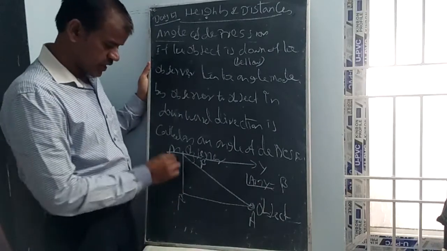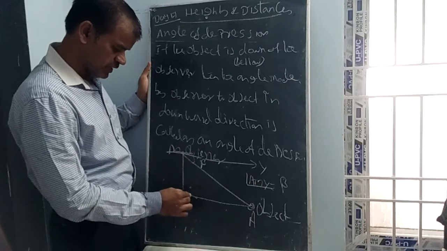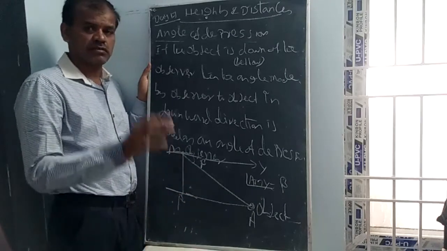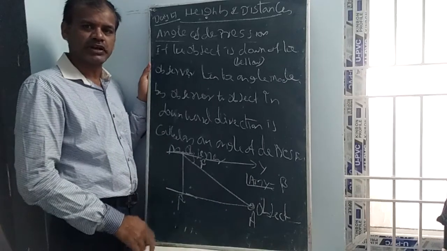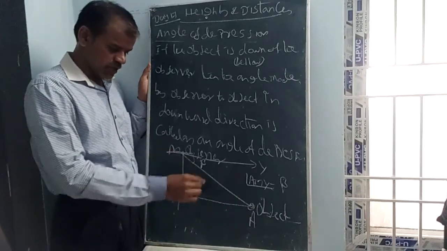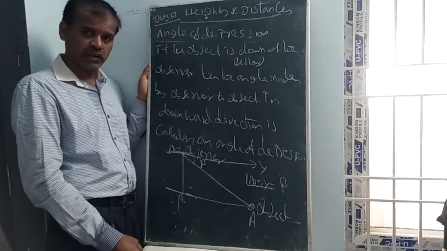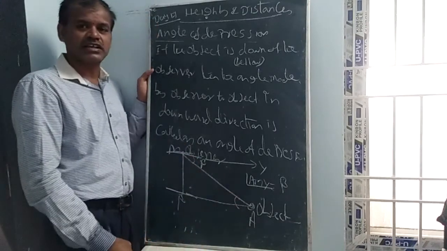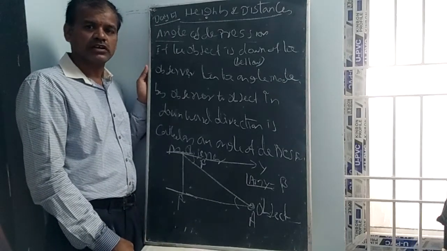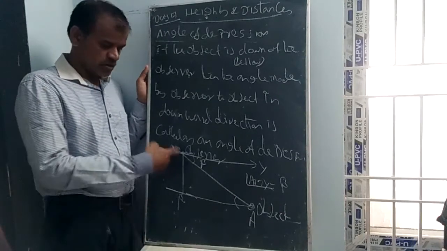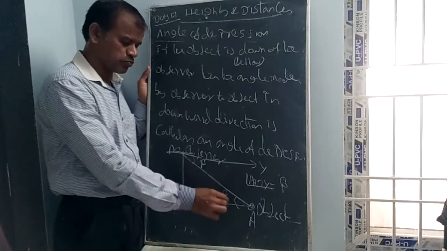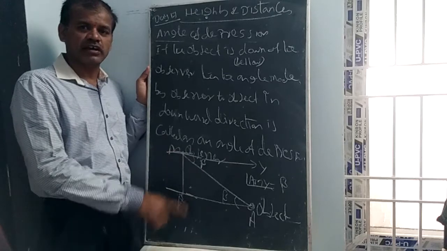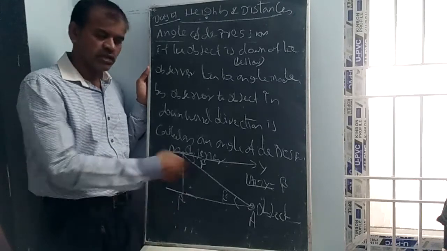Now you can understand the transversal line concept between two parallel lines. The line which intersects two parallel lines in two distinct points is called a transversal line. Here AM is the transversal line between the two parallel lines. So beta, this and this, are alternate interior angles. We know that alternate interior angles are equal. So this is also beta. So the angle of elevation and angle of depression are the same; only the name is different.